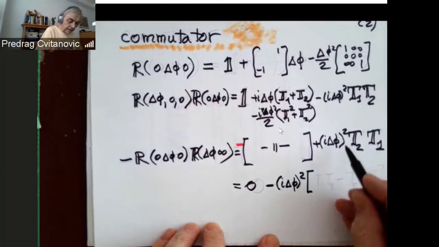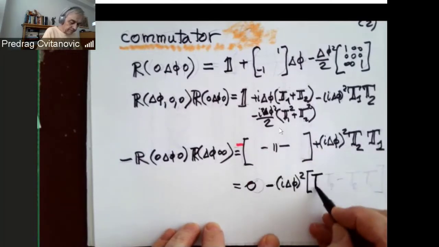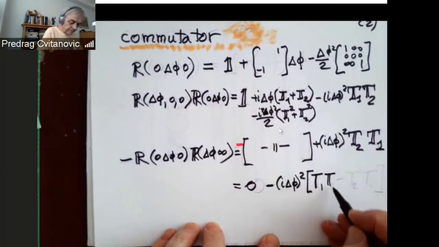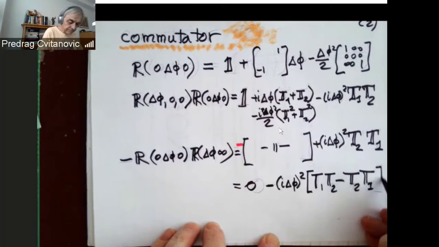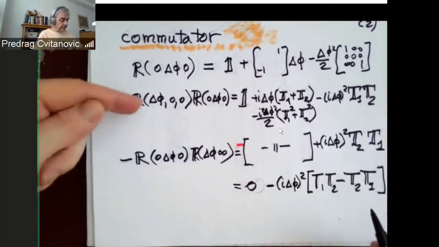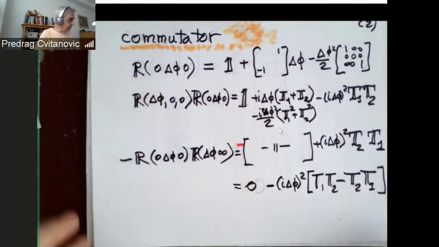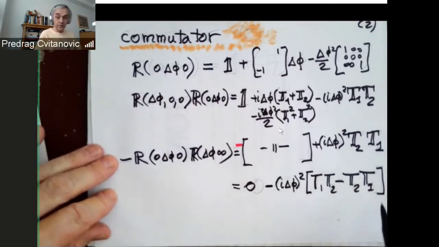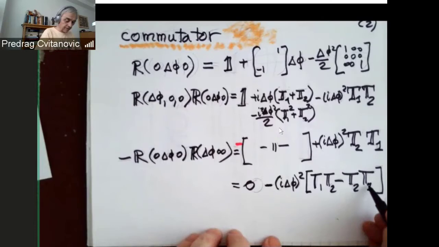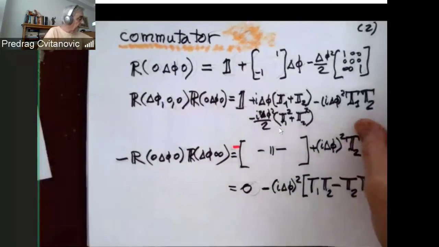And it's a product in one order minus the product in the other order. In other words, infinitesimally, the difference of these two operations is a commutator of the generators of these two rotations.